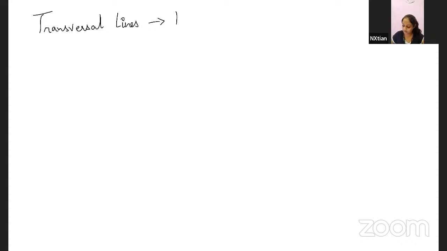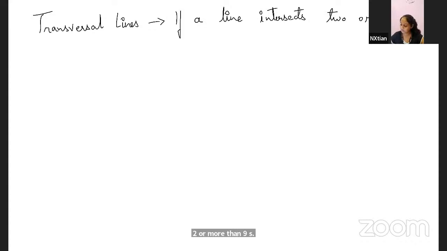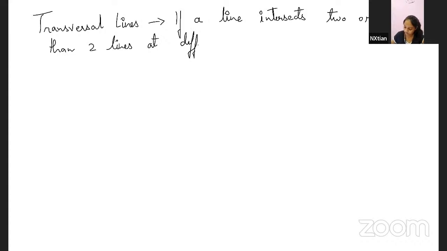If a line intersects two or more than two lines at different points, then it is called a transversal.